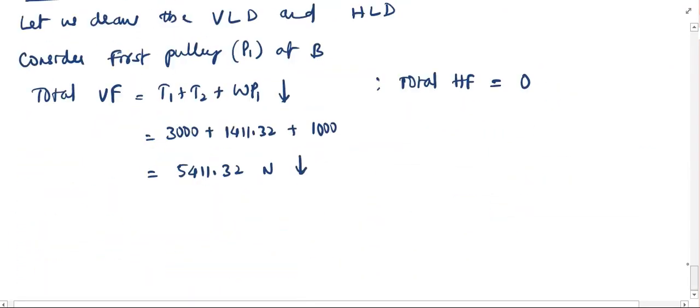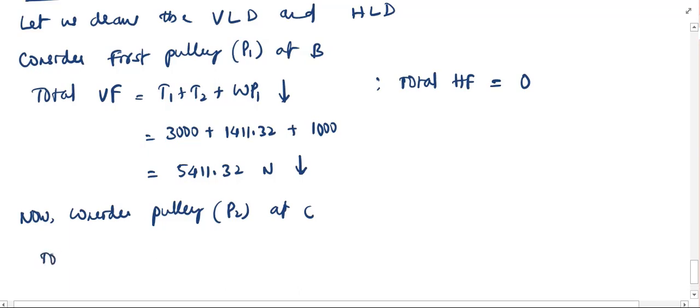Now let me consider the pulley P2 at C. The net vertical force on the shaft will be just WP2, acting downwards, as the weight of the pulley is given as 500 Newtons.